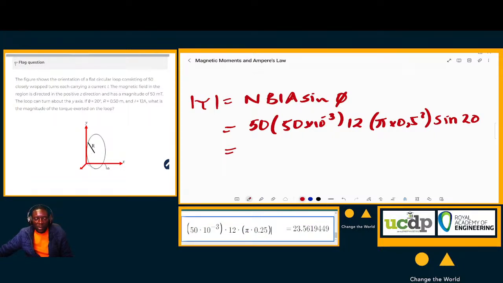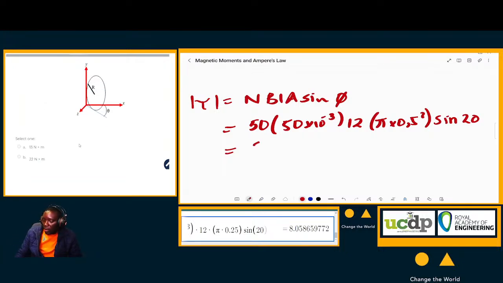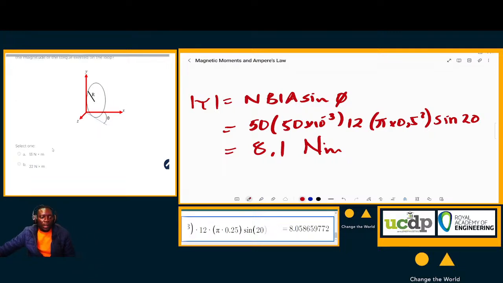I didn't put 0.5 squared there, I've already calculated that. Then sine 20. We've got 8.05, which is 8.1 for this one. So our torque is 8.1 Newton meters. So that's basically what is important there, to know the value of your theta, which enables you to calculate the torque.